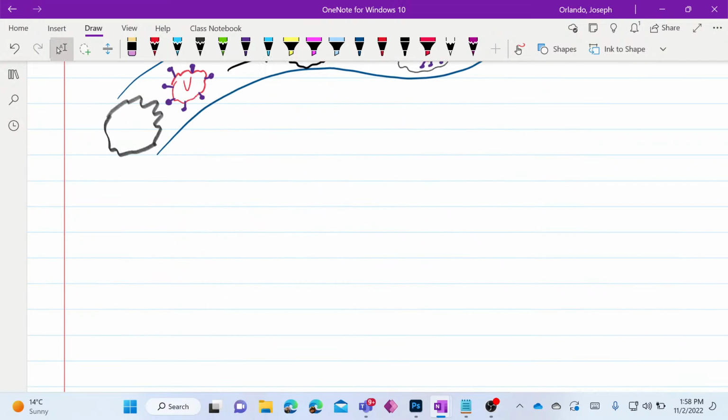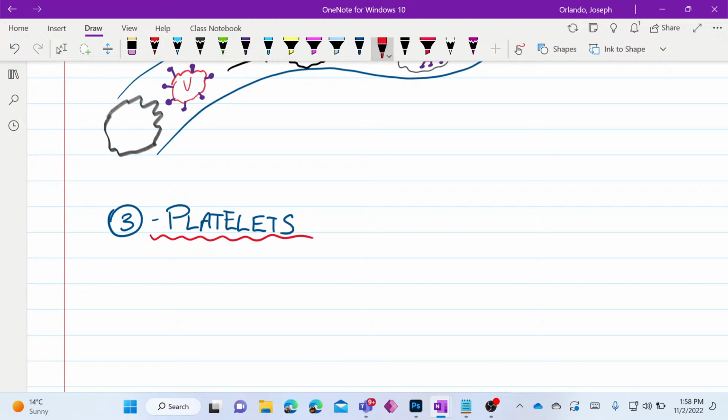Anyway, what is the 3rd type of blood cell? You probably know this word. Very good. Platelets. These are very small cells, smaller than red blood cells, but they're responsible for clotting.